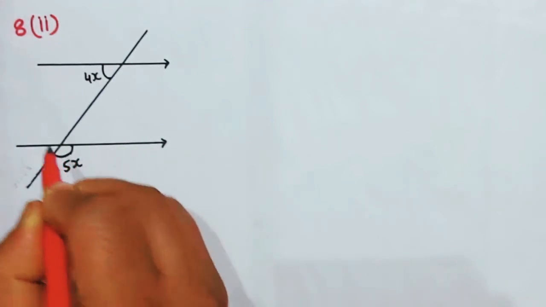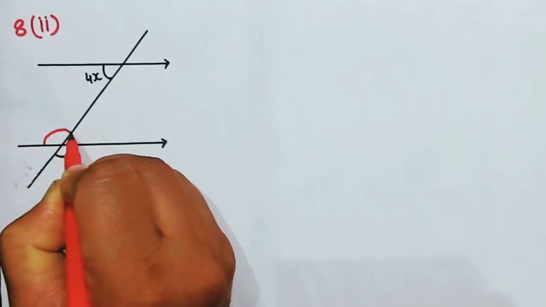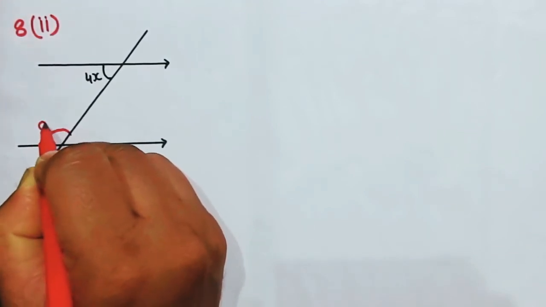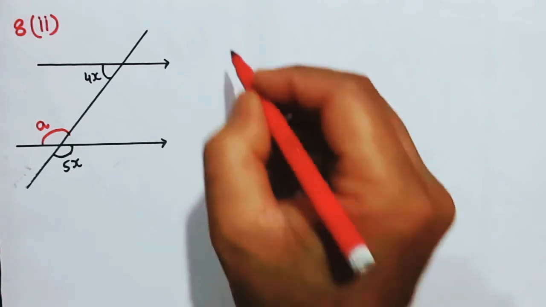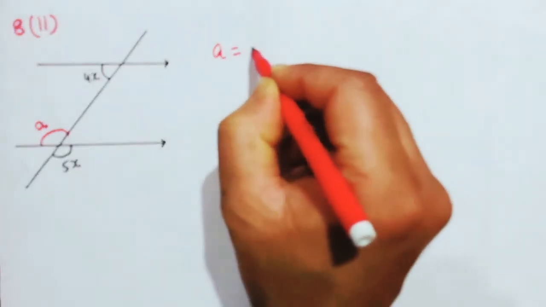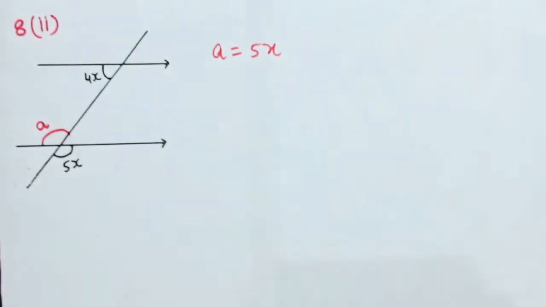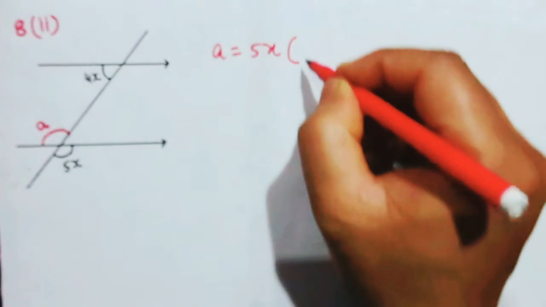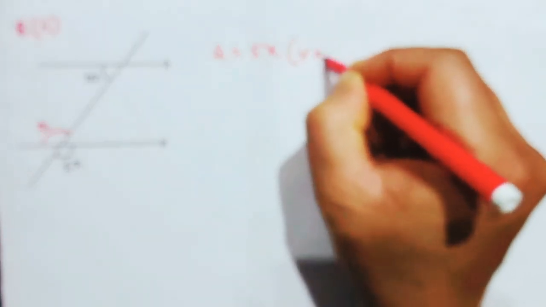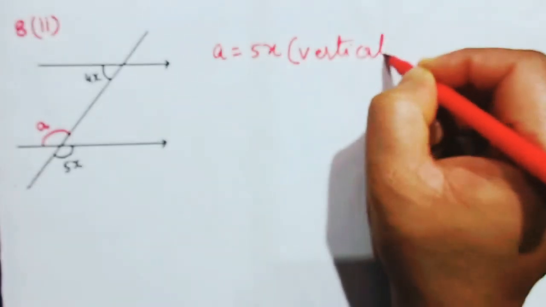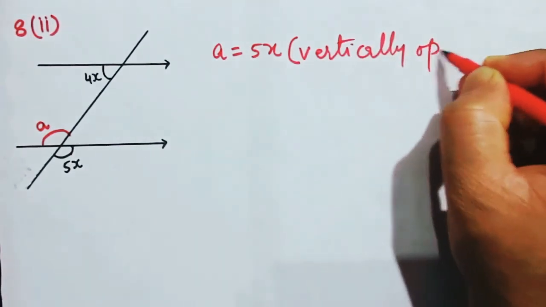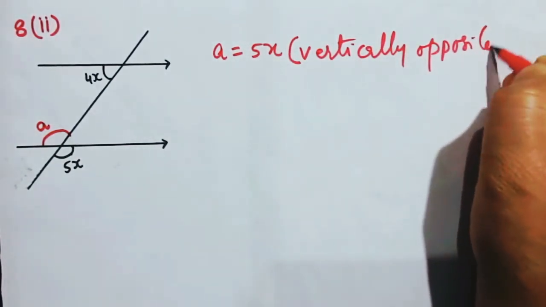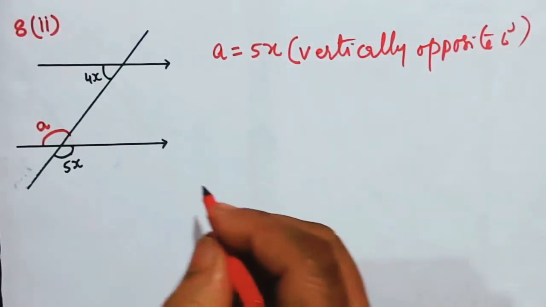If this is 5x, naturally this angle A will also be equal to 5x. So I can write A is equal to 5x. Why? Because they are vertically opposite angles.